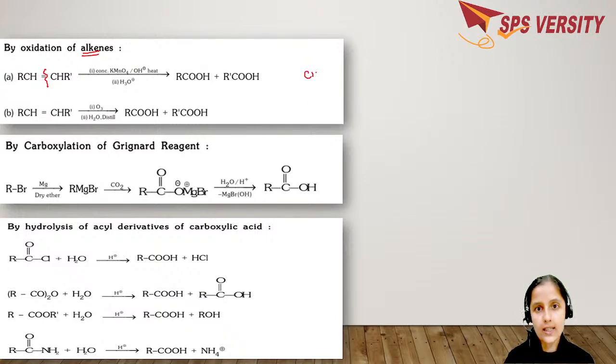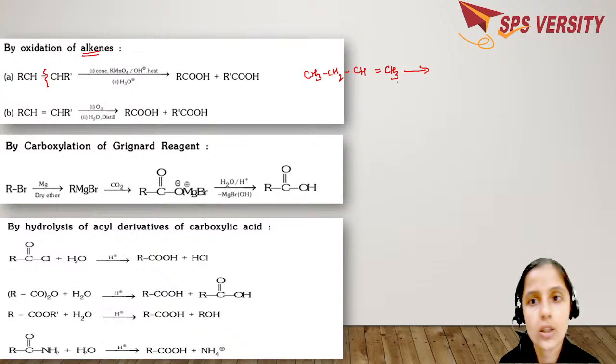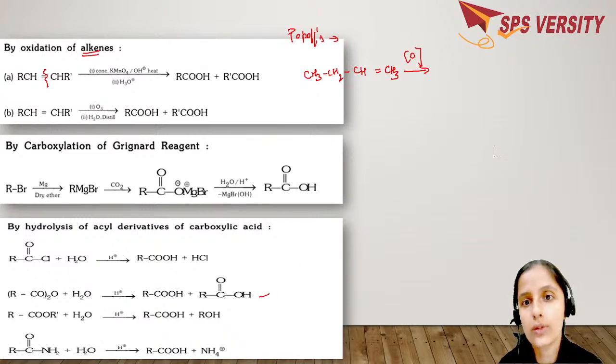So if you have something like CH3, CH2, CH, CH3, and you are going to do the oxidation of this one, there is a rule called Popoff's rule, according to which this will break in such a way that you get CH3CH2, where this part gets converted to COOH, plus this side gets converted to HCOOH.